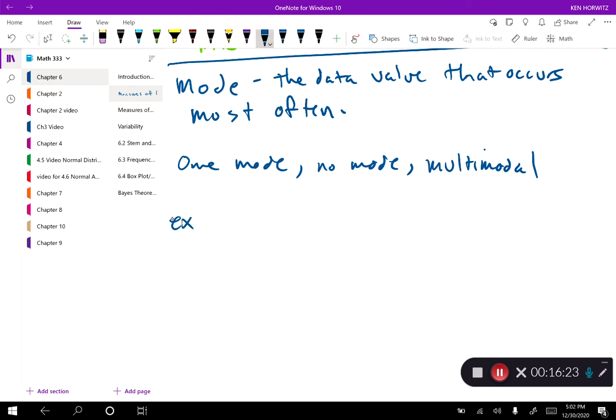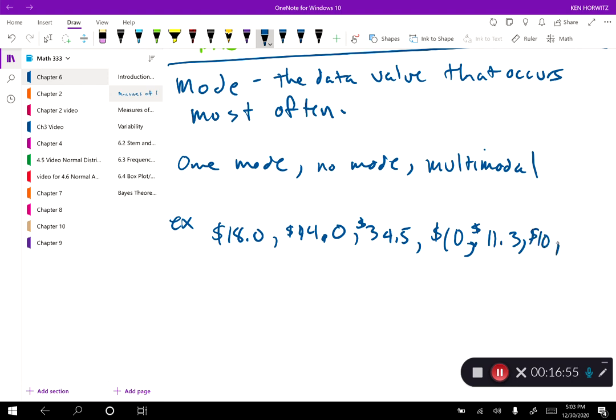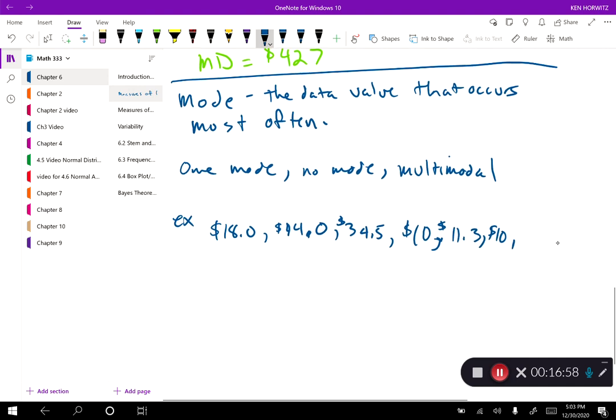Here's our example, again, signing bonuses: 18.0, 14.0, 34.5, 10, 11.3, 10, 12.4, and 10.